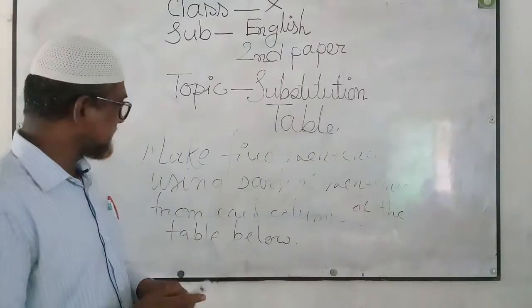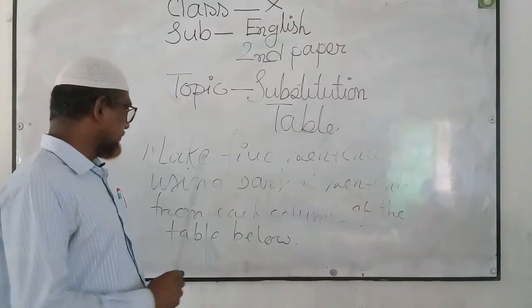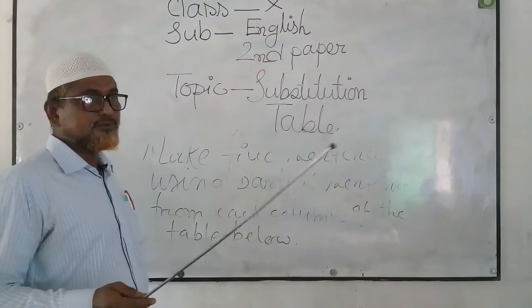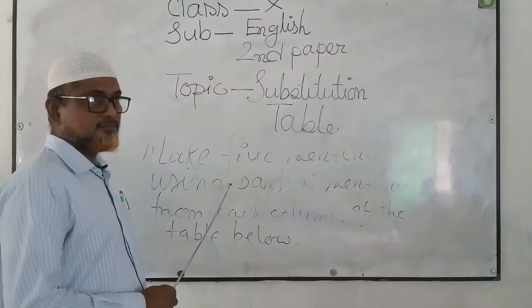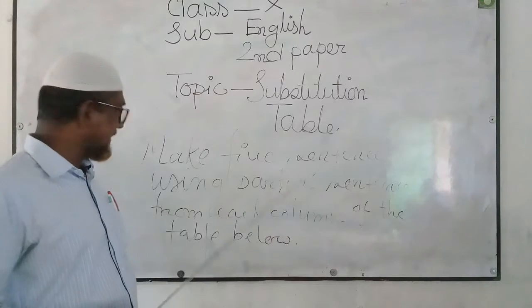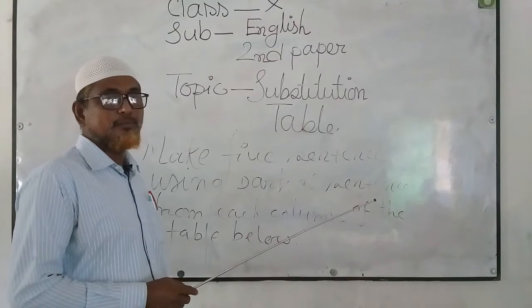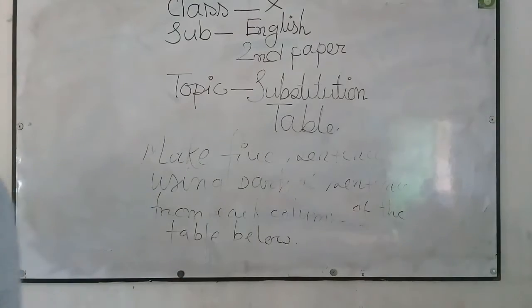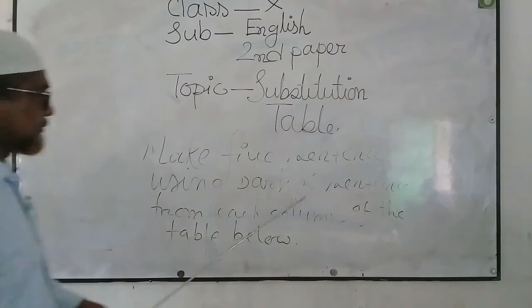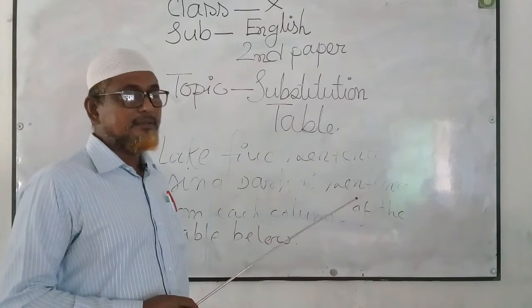You will get this type of question language on your question paper. You should understand the question language. I am reading the question language again. Make 5 sentences. That means you have to make 5 sentences from the table. So you should understand the theme of the table.